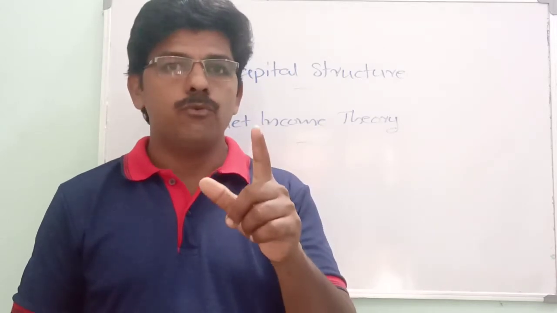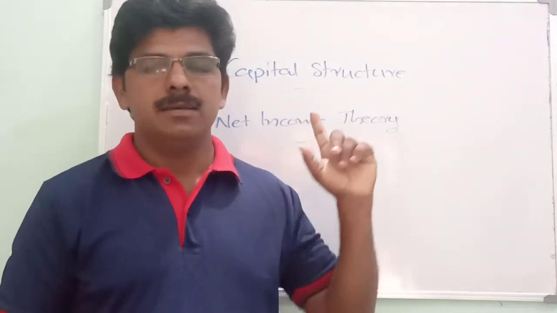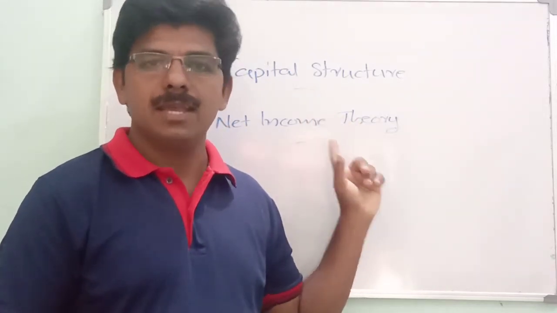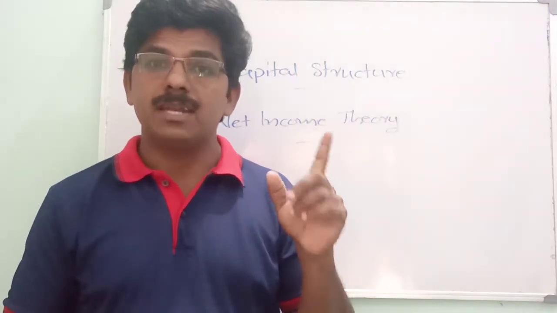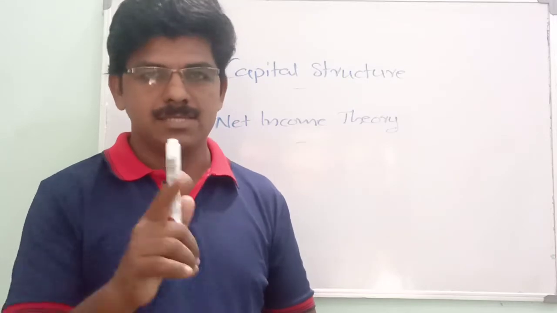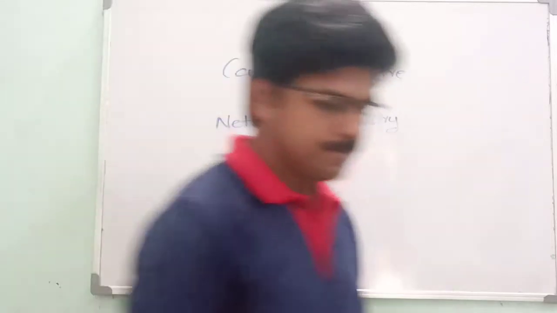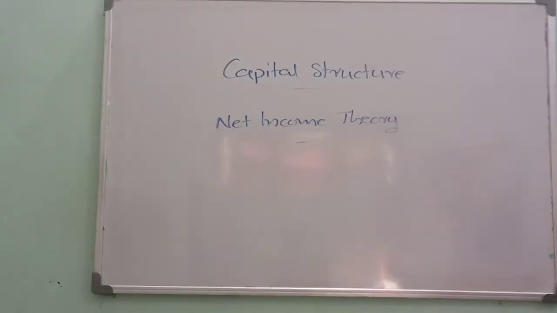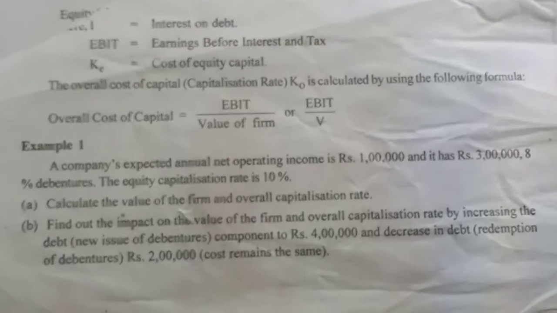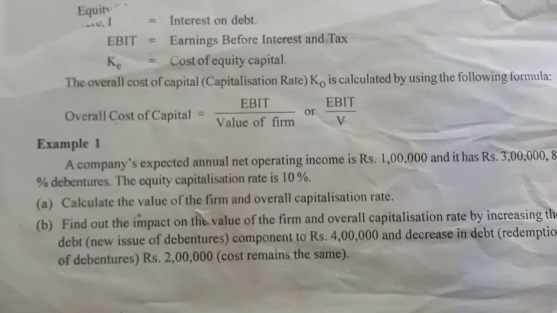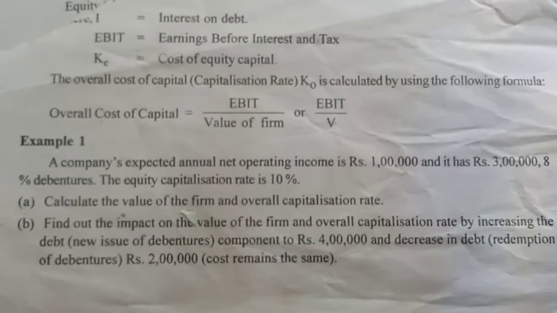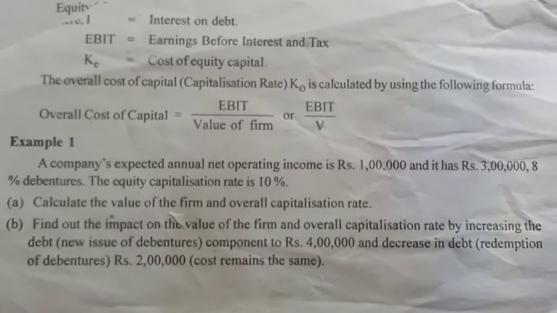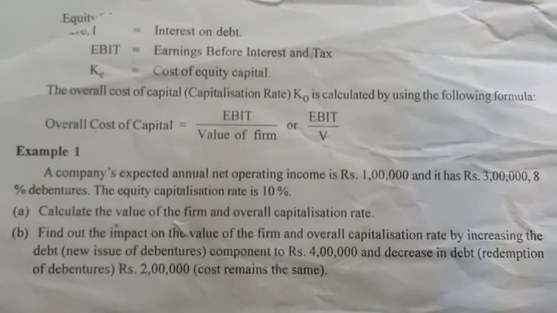Through one problem, we are going to see this net income theory propounded by David Durand. Question: a company's expected annual net operating income is rupees 1 lakh and it has 3 lakh of 8% debentures.